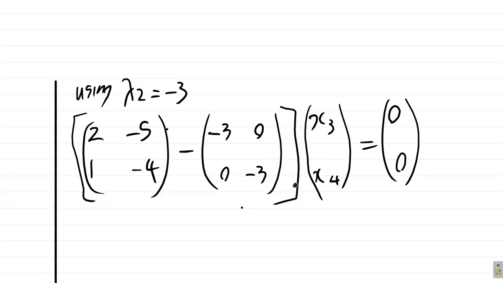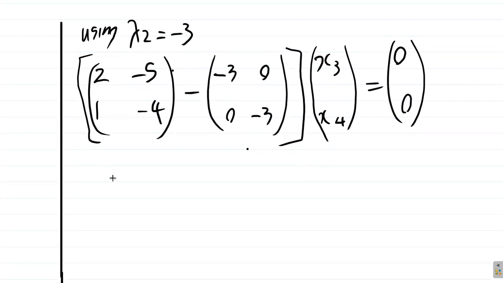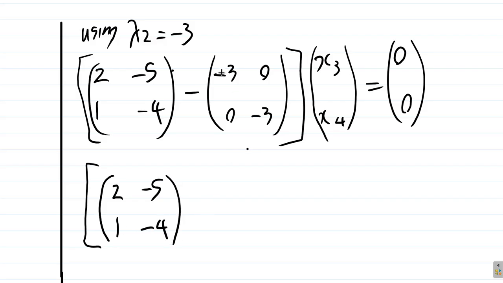So here now, subtract. By the way, we don't want to have too many minuses to cause confusion. So let's rewrite this, and we're going to factor out the negative. So you have 2 negative 5, 1 negative 4. If we say minus negative, we have a 3, 0, 0, 3. But the minus negative will be plus.